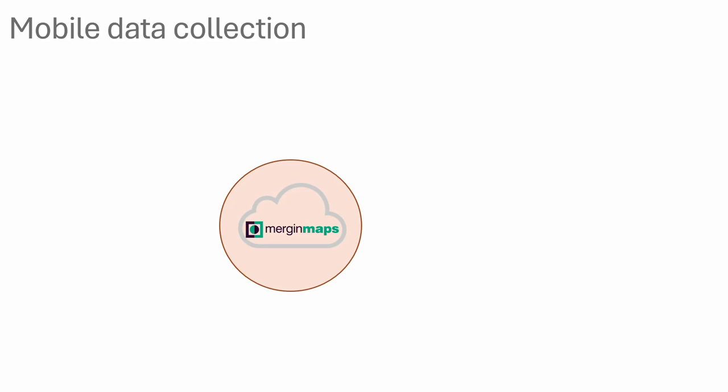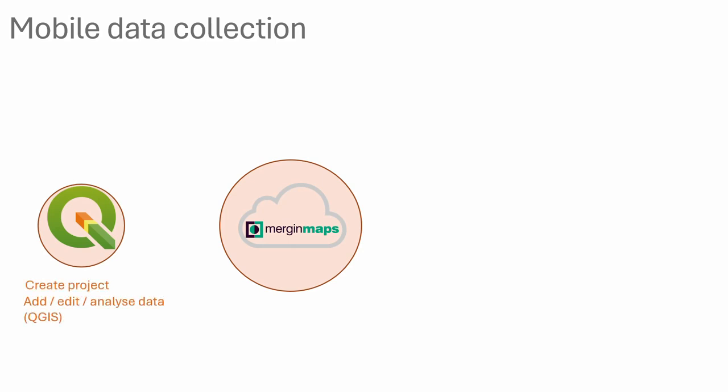Now when it comes to QGIS, QGIS Desktop is a standalone program that we can use across platforms, so Windows, Macs, Linux, etc. Now with QGIS Desktop, we can use it to do all kinds of things for Merging Maps. We could use it to create a project. We could create the project in QGIS and then push that up to Merging Maps for other people to have access to.